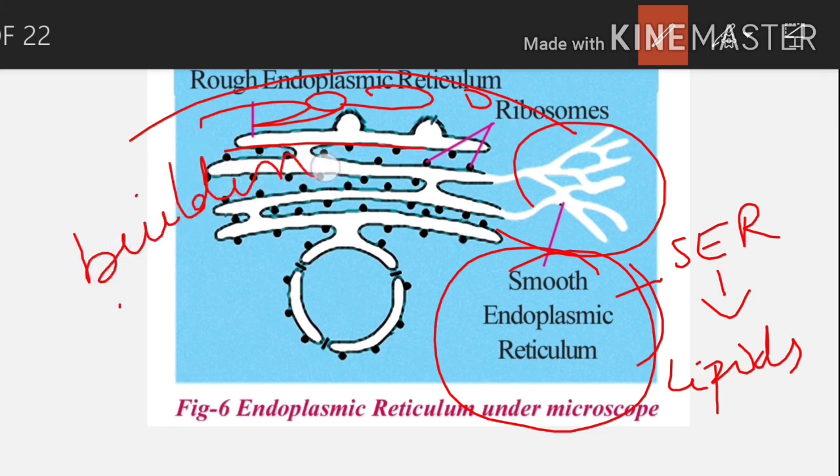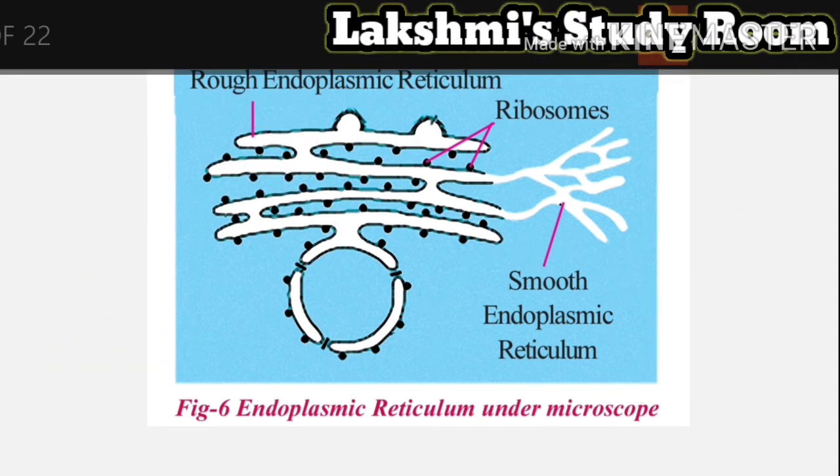Why? Each and every plasma membrane is made up of proteins and lipids. The structure of the endoplasmic reticulum is similar to the structure of the plasma membrane. Not only the endoplasmic reticulum, all the cell organelles present inside the cytoplasm have a membrane. The membrane resembles the structure of the plasma membrane.